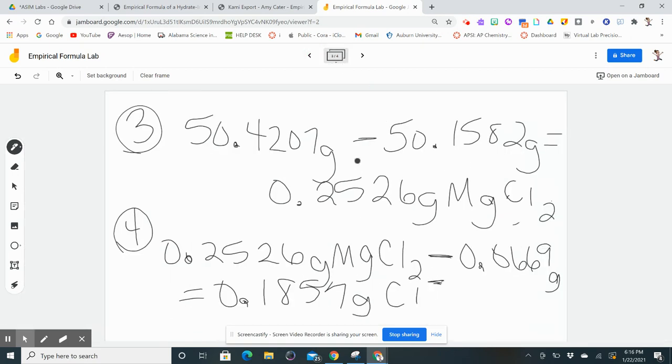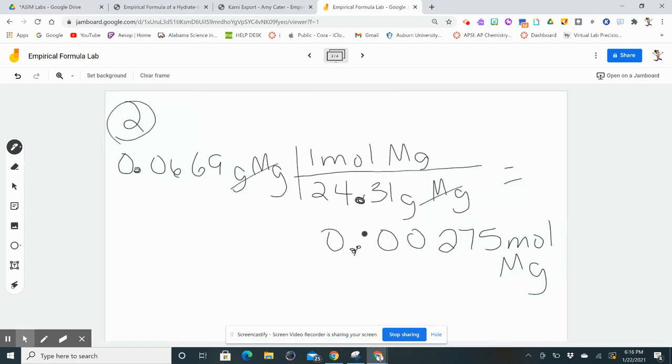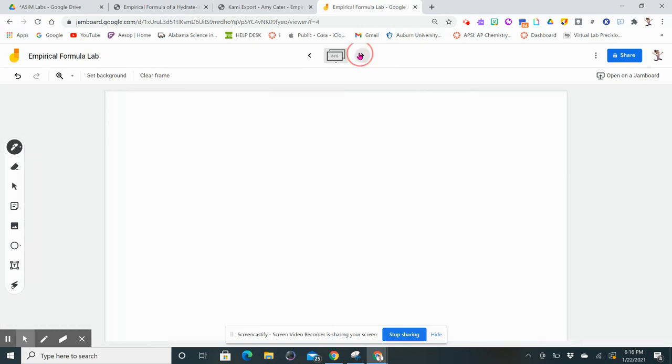This, no, not number 4, sorry. Number 2, this is 0.00275. All right, well, this number is less than the other. So we're going to divide this number into both of these numbers to get our mole ratio.